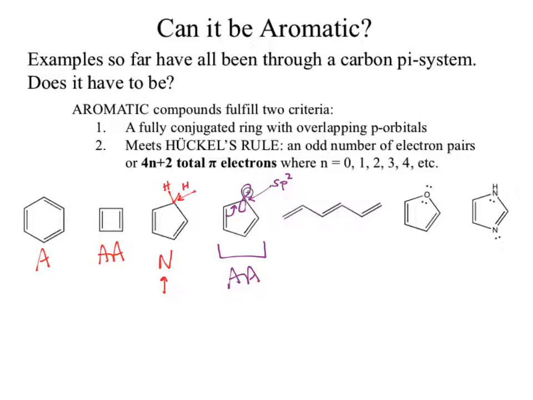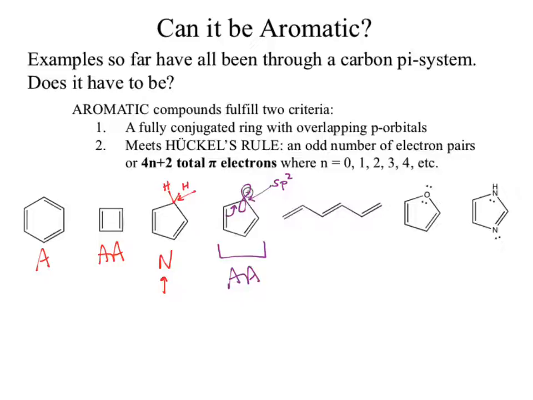It does not say every atom must contribute electrons. It just says, do I have p orbitals at every single atom? Yes, I do, because I'm missing a hydrogen, whereas the other one had 2 hydrogens. I couldn't have a leftover p orbital.